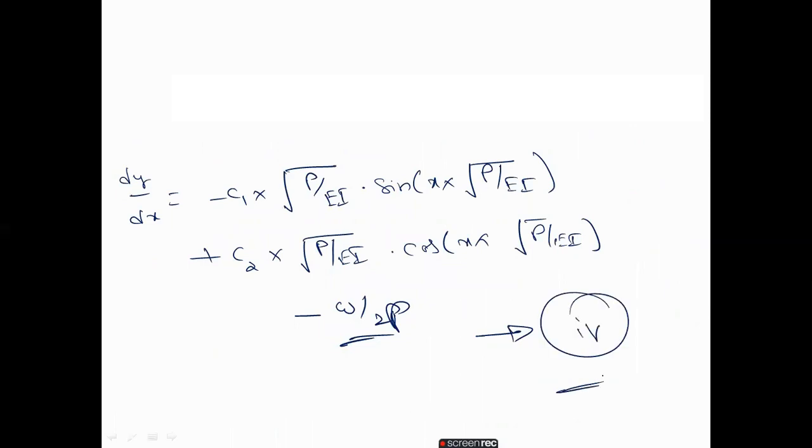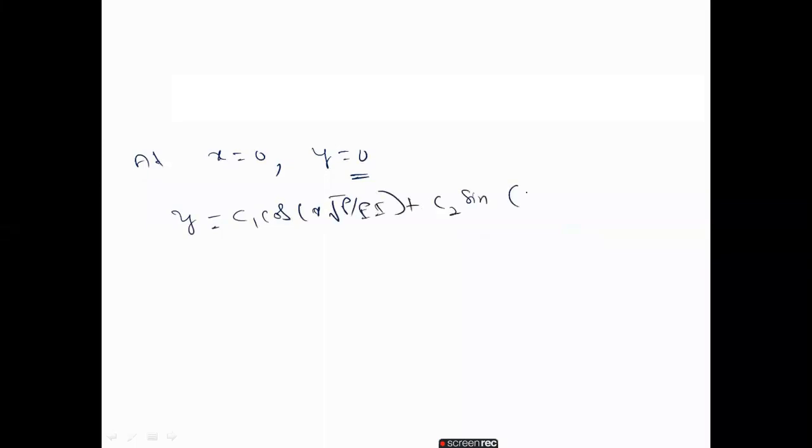Now we have to calculate the values of C1 and C2. These are obtained by the boundary conditions. The first boundary condition is at x equal to 0, y equal to 0. So from equation 3, I will write it again for your better understanding: y equal to c1 cos x into square root of P by EI plus c2 sine x into square root of P by EI minus Wx by 2P.